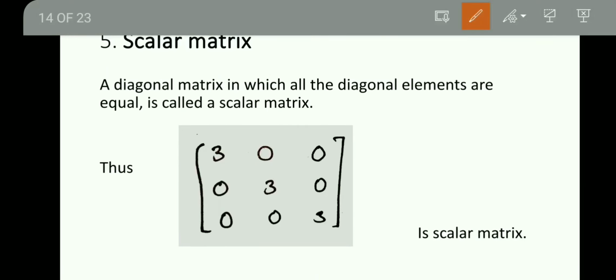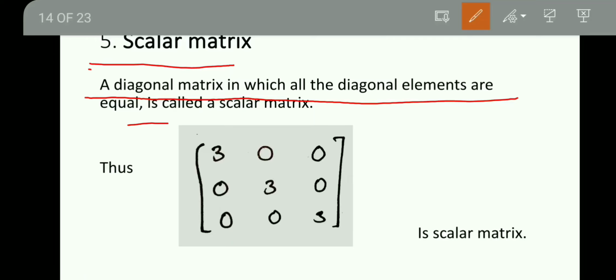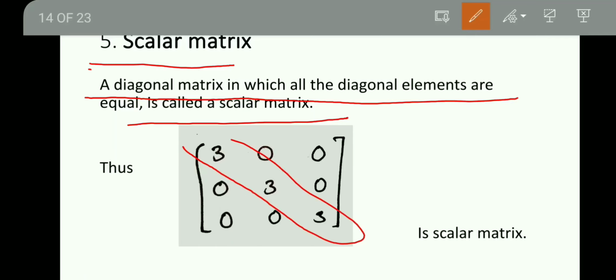The fifth is the scalar matrix. A diagonal matrix in which all the diagonal elements are equal is called a scalar matrix. Thus, that is a scalar matrix, the diagonals being 3, 3, 3.